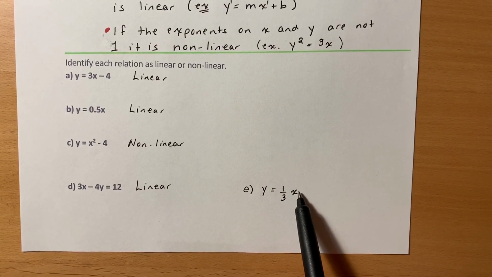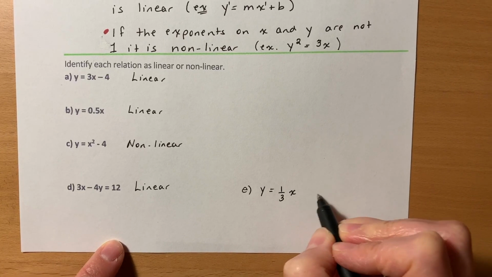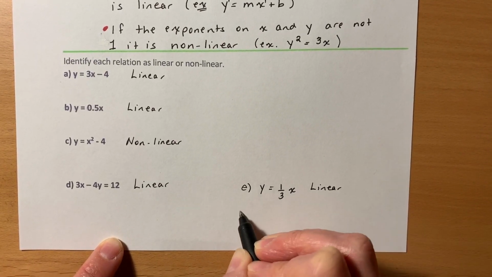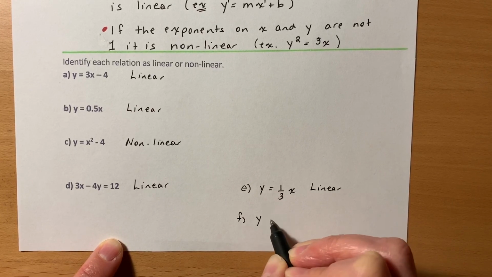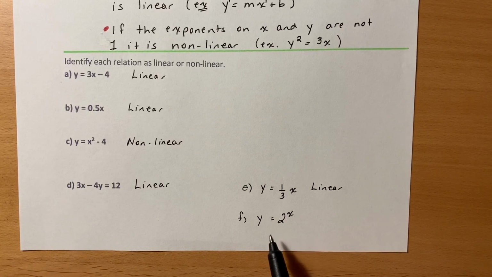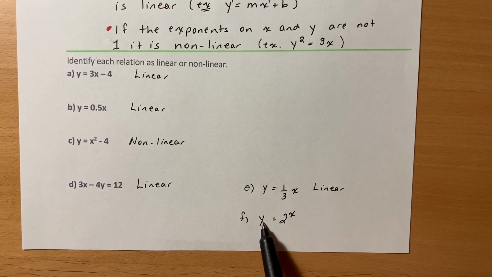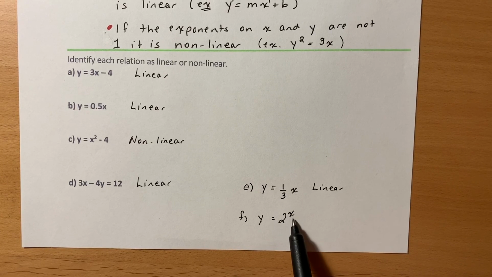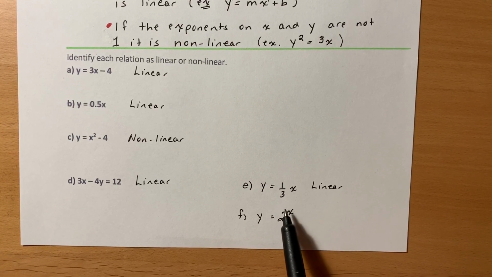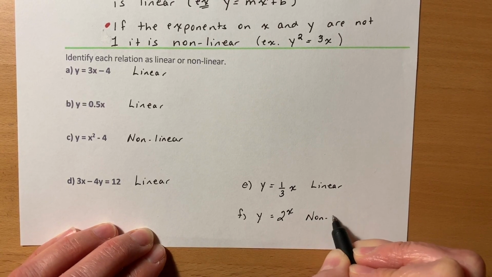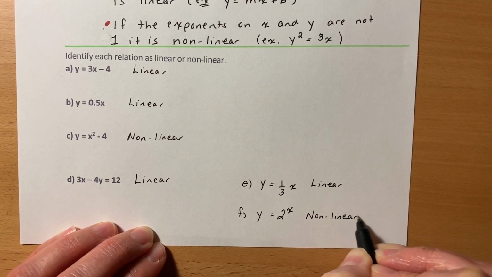The exponent on the x is a 1, so this is, once again, linear. Let me just add one more. y equals 2 to the exponent x. The exponent on y is 1, but then I notice my x is an exponent. That is not linear. This would be nonlinear. Okay, that's it.